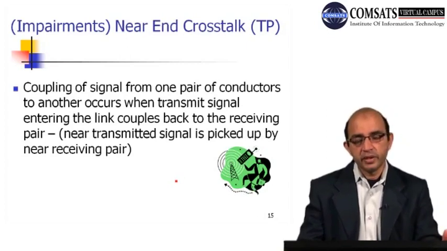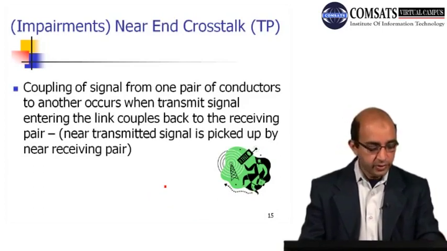We normally see this when we have communication by using normal PSTN lines, public switched telephone network lines. You can see we are talking to somebody, and suddenly we come across some crosstalk, right?